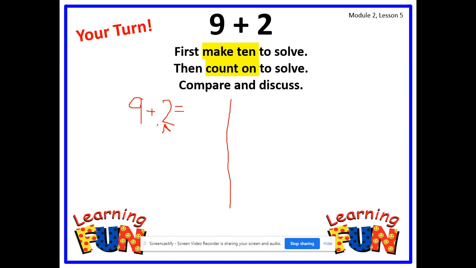By now, you should have finished solving this problem by using the making 10 strategy. So I told you had to start off by decomposing 2. And you should have decomposed 2 into 1 because 9 needs 1 more to make 10. And the other part as 1 as well because 1 plus 1 equals 2.